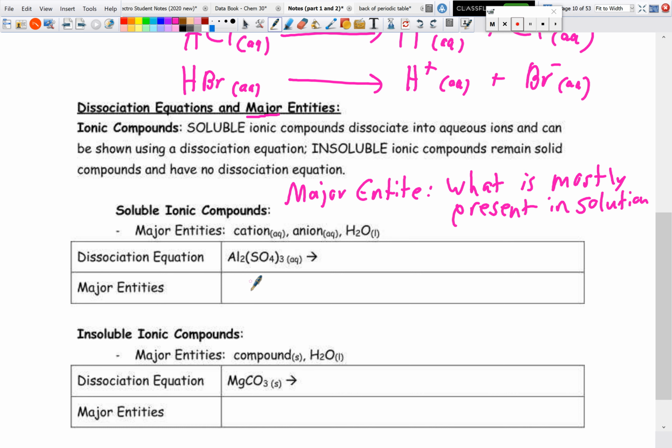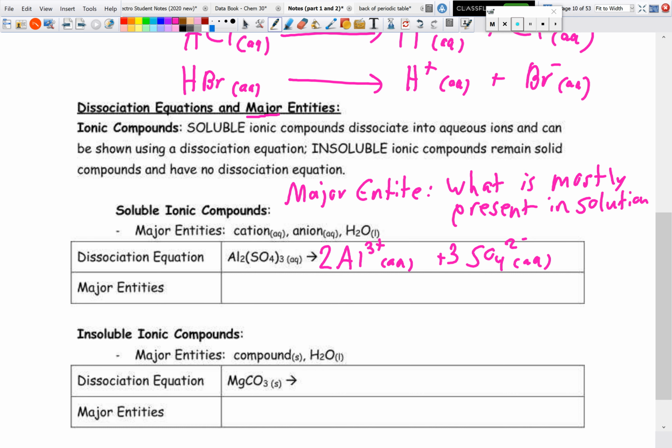If we have a soluble ionic compound like aluminum sulfate, which we did earlier, we know aluminum sulfate, because it is aqueous, is going to break apart into the aluminum ion and the sulfate ion. And of course we need to balance.